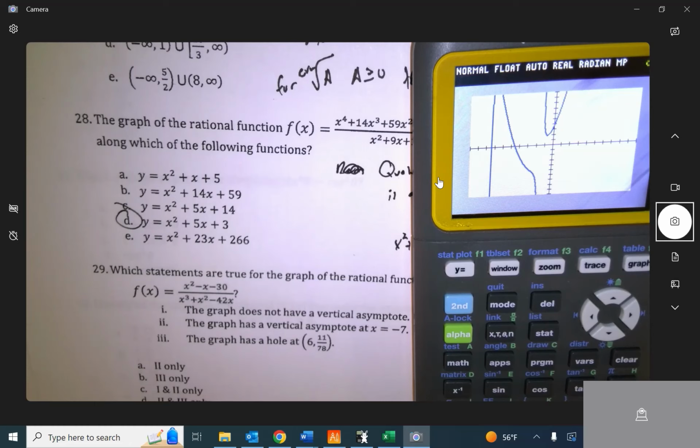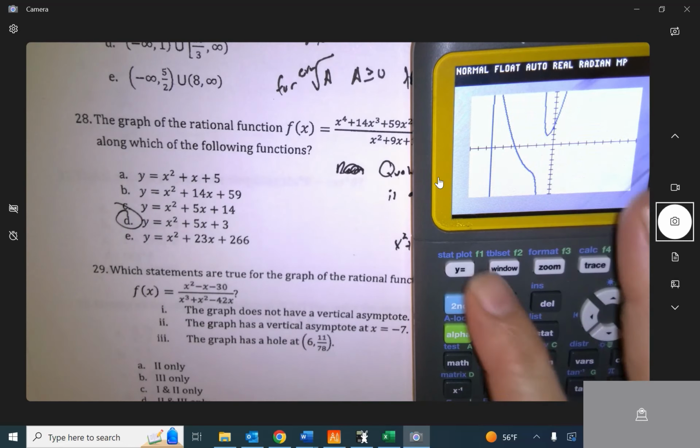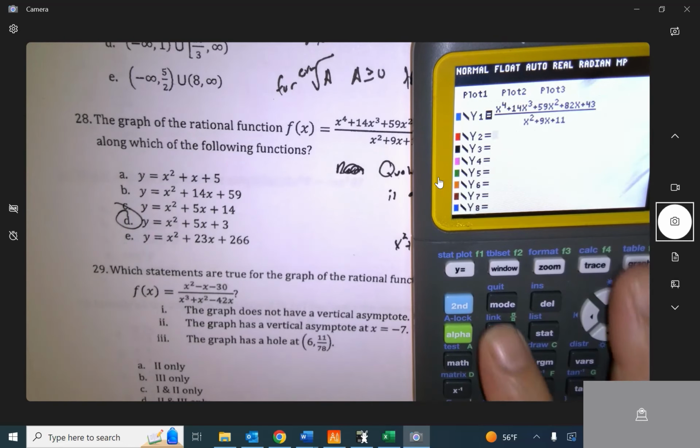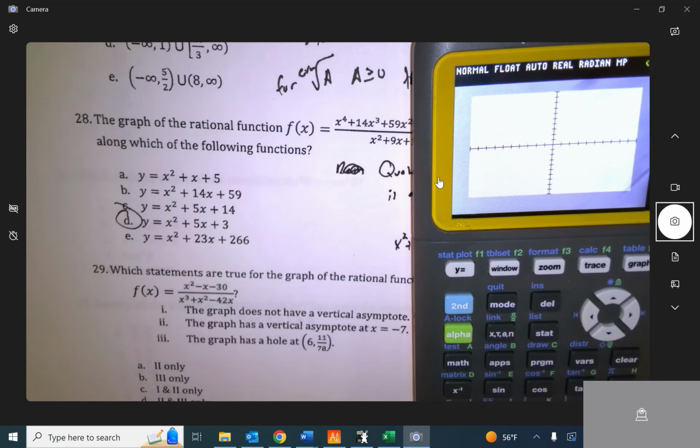Oh, it looks like that. It probably has an asymptote, parabolic in nature. All right. So let's just take a look at some of these that aren't the answer. Yeah, that's not an asymptote.